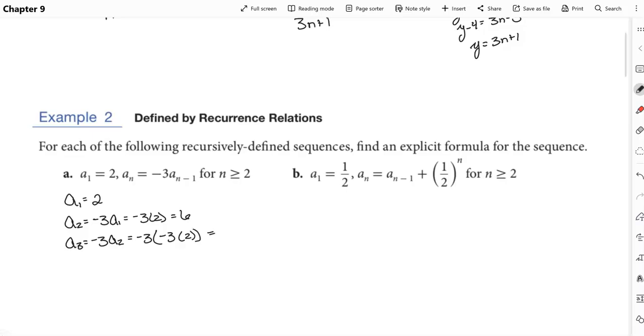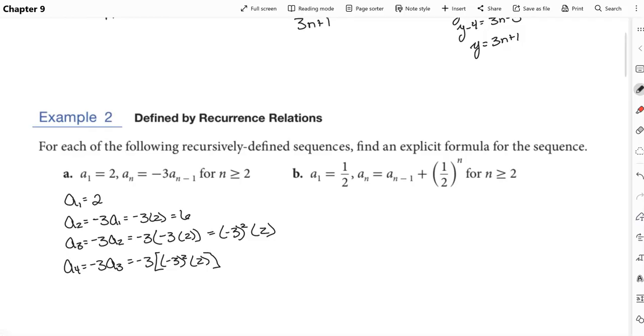So look, I've got negative 3 times negative 3. That's negative 3 squared times 2. Let's look at A sub 4. So it's going to be negative 3 times my A sub 3. So that's negative 3 squared times 2.